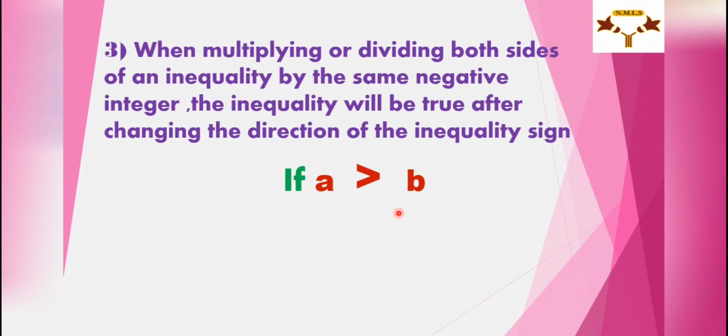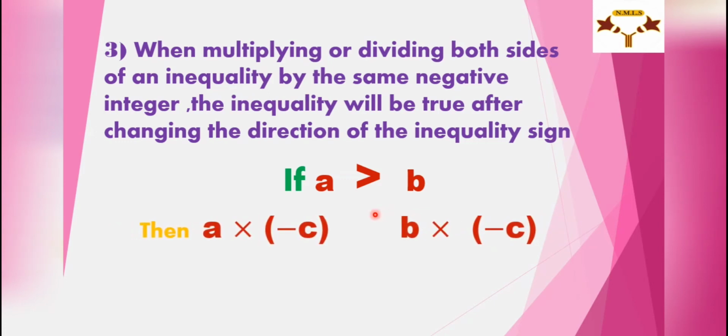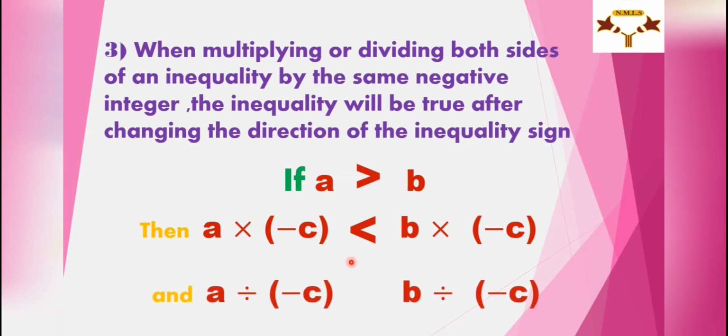It means that if I have a greater than b and I multiply both sides a and b by a negative integer, negative c as an example, can I say that a is greater than b? No, I cannot say this. I can say that the sign will change its direction.